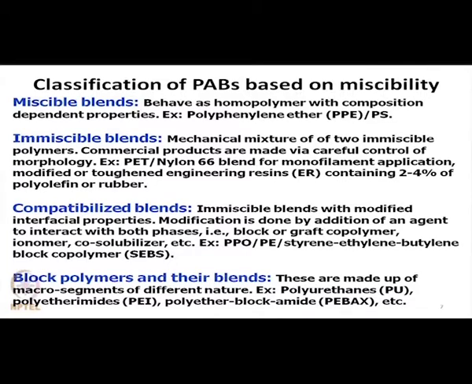Such modification with the help of a compatibilizer is done by addition of an agent which is known as compatibilizer. This compatibilizer interacts with both the phases. So, this can be a block or graft copolymer, this can be an ionomer, this can be a co-solubilizer, means a co-solvent type of thing.